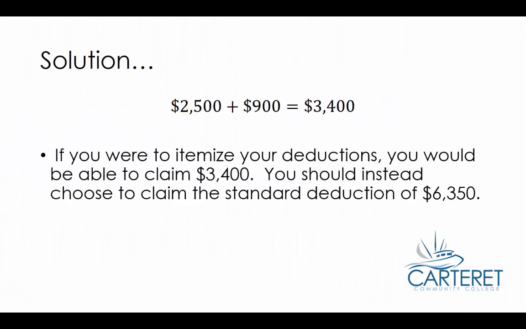If you were to itemize your deductions, you would be able to claim $3,400. Instead, you should claim the standard deduction of $6,350. By claiming the standard deduction, you are entitled to reduce your taxable income by more, thus paying less in taxes. You always want to claim the larger of the two deductions.